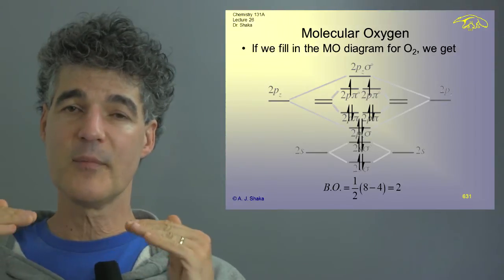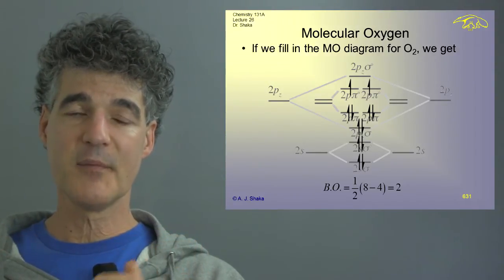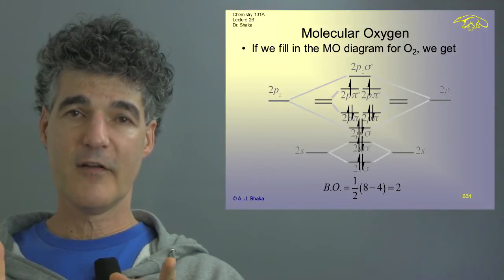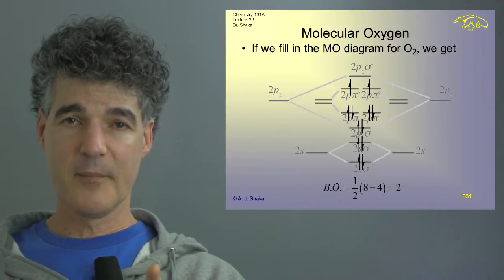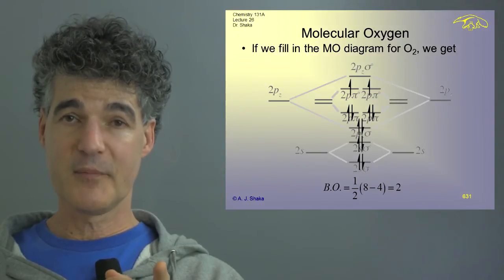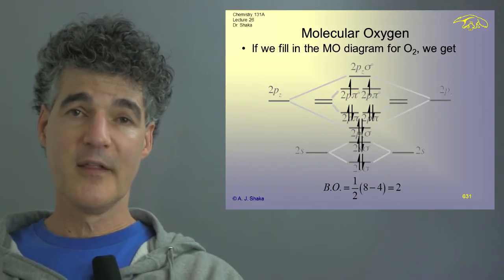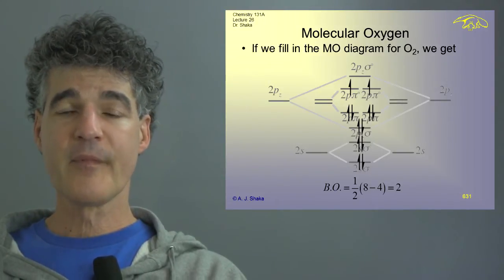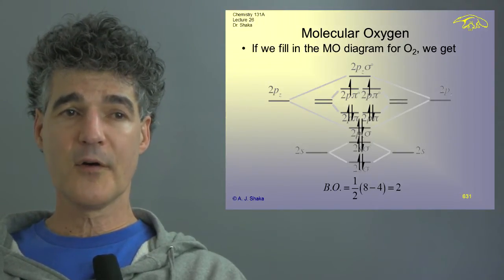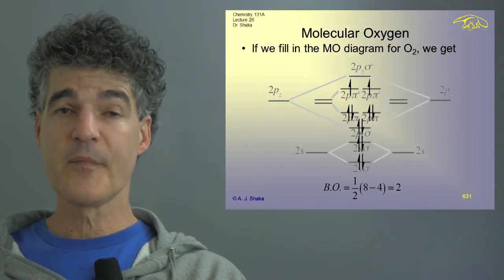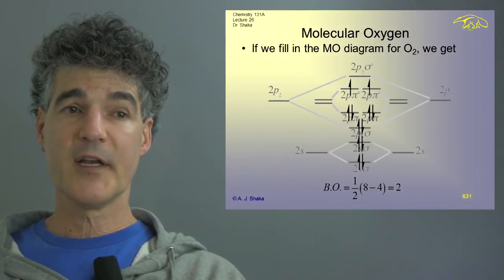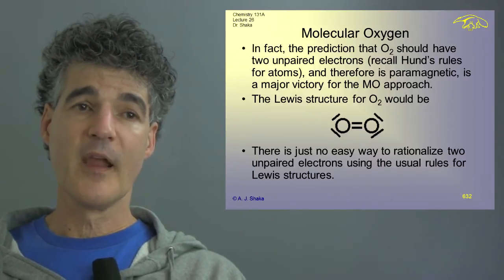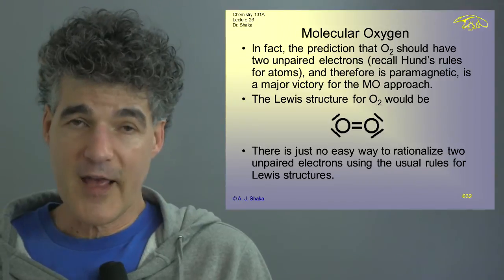And so since these orbitals are exactly the same energy by symmetry, the electrons occupy them, and then they tend to have parallel spins because of the magnetic effect between them, and Hund's rule saying that the state with the highest multiplicity lies lowest in energy. That bond order comes out to be 2, but we definitely predict that these electrons are going to be unpaired in oxygen. And the question is, well, what effect could that have?